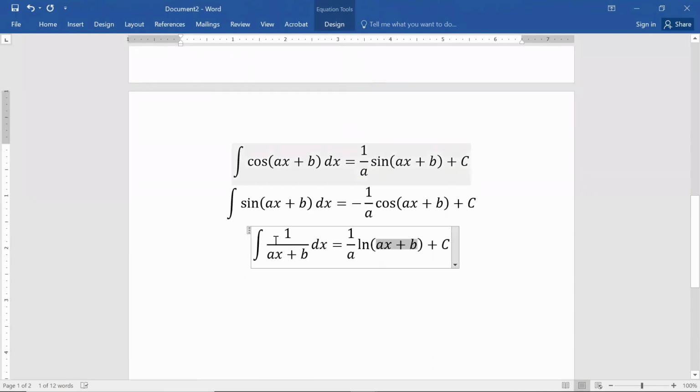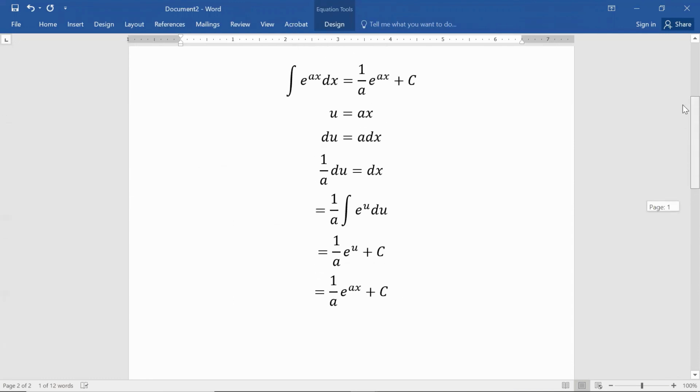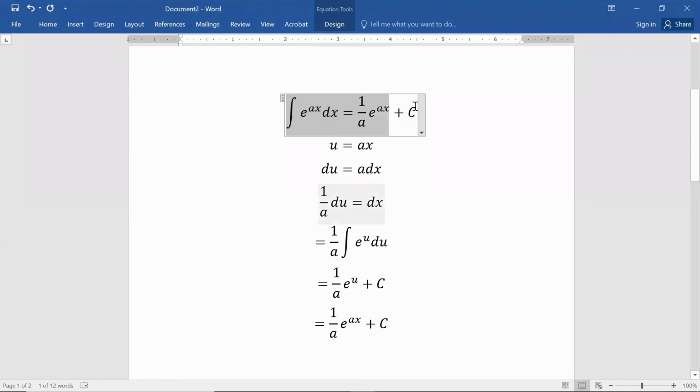A lot of this is going to come up a lot if you go into Calc 2. You're going to see this property quite a bit. That's why I wanted to point it out now.